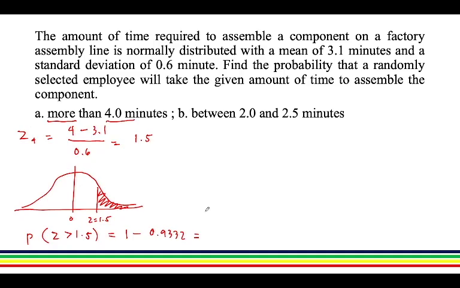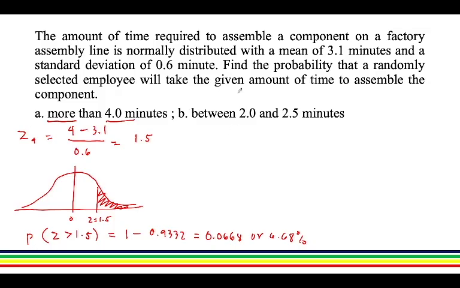And this is equivalent to 0.0668 or 6.68%. So that is the probability that a selected employee will manufacture a component for more than 4 minutes.